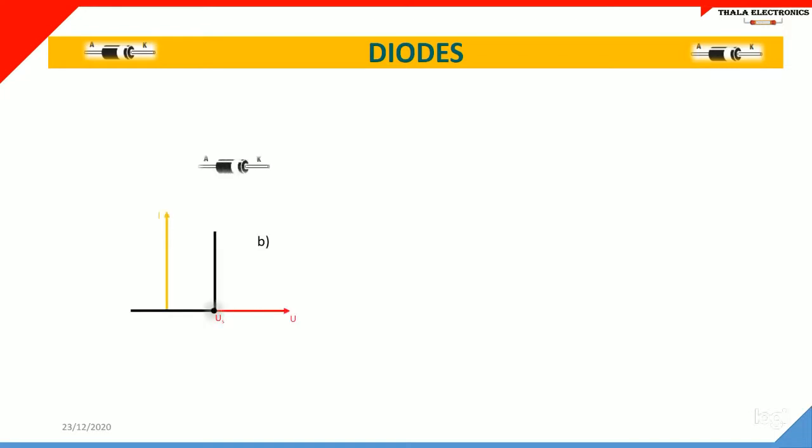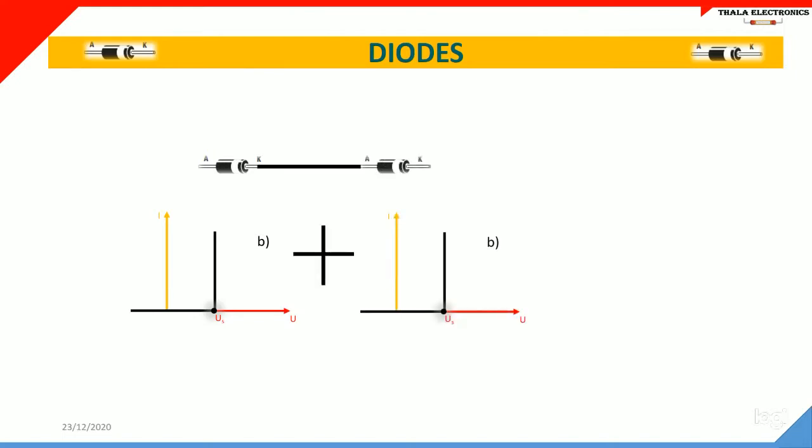Now, if I have two diodes connected together in series, we get the double. Let's say my diode has US equal to 0.6 volts.